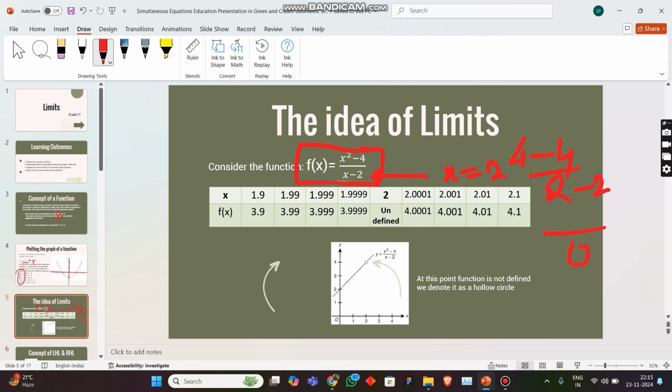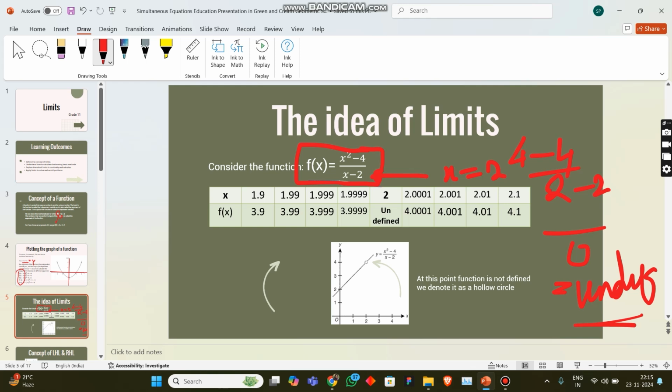Something divided by 0, which is undefined. Something divided by 0 in mathematics is called undefined. So at x equals 2, there is no functional value. This is the meaning of this.